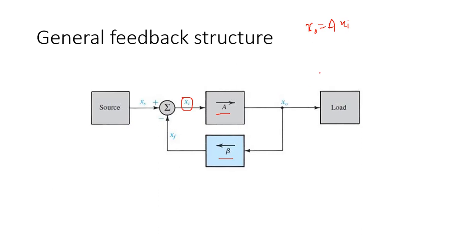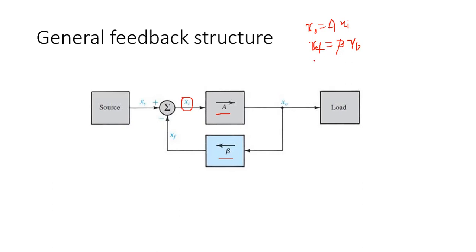The feedback factor is beta. So Xf is equal to beta into X naught. This Xf is subtracted from the source signal Xs to get the input signal of the amplifier Xi. So this input signal Xi is a small signal.